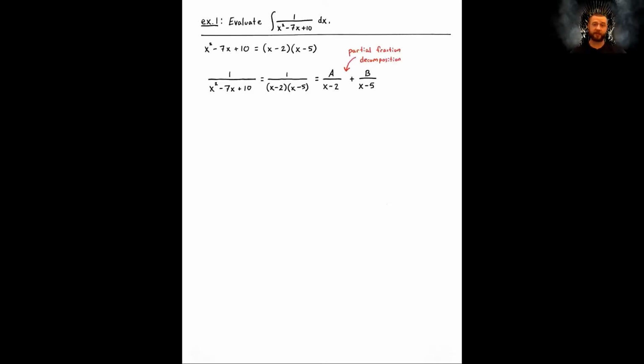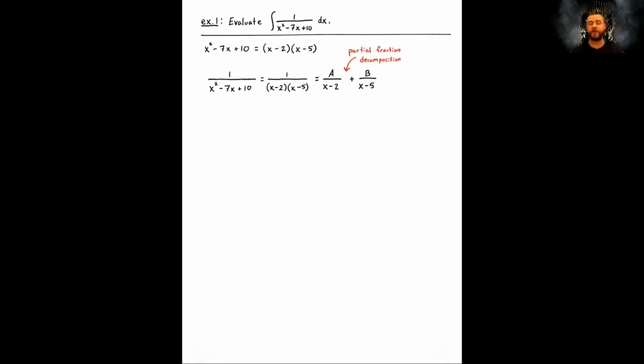Each linear factor gives us a partial fraction, a constant divided by that linear factor. That is the partial fraction decomposition for a rational function where the denominator contains distinct linear factors.